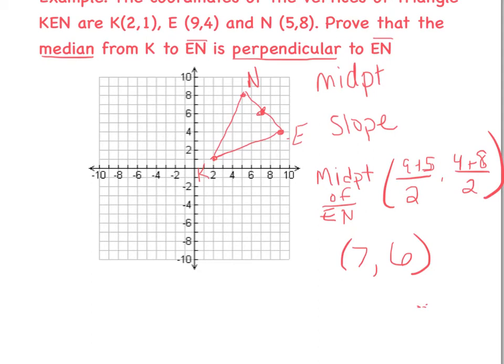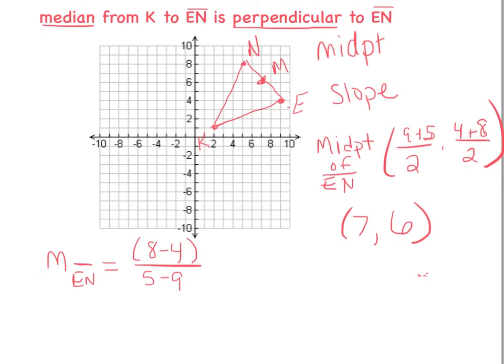And now I need to find the slope of both EN and K to the midpoint. Let's call it M for midpoint. So let's find the slope of EN first. I know that that is the change in the y values, so 8 minus 4 divided by 5 minus 9.